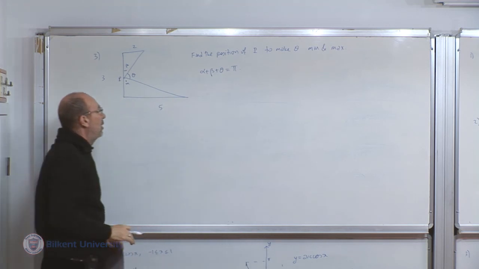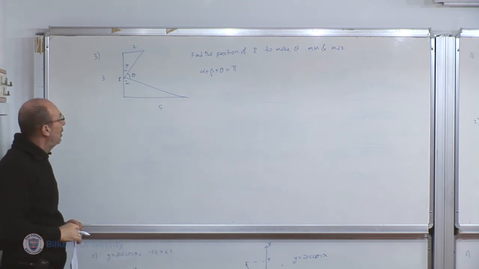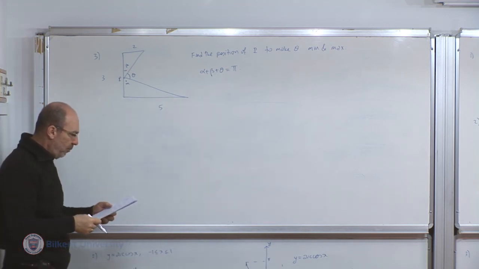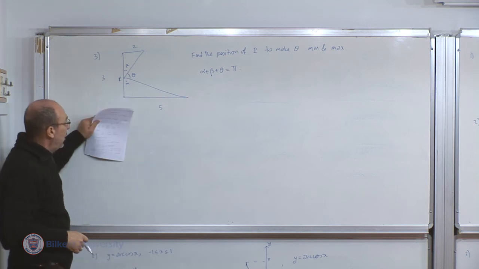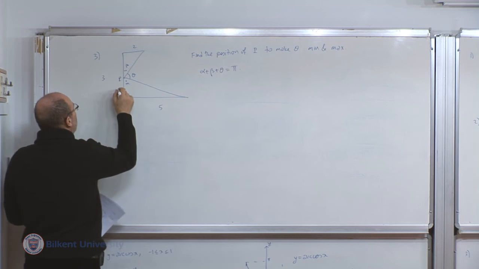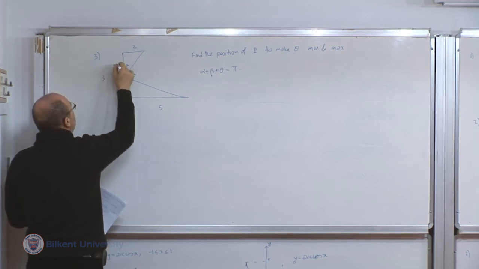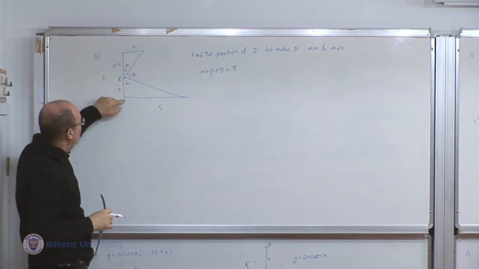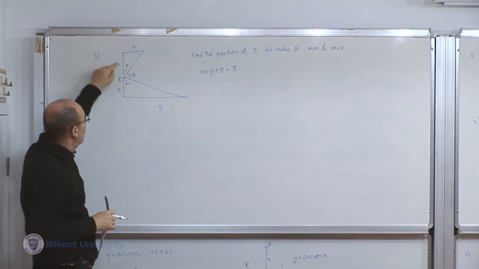Okay, so that's one relation where I put theta. The nice thing is I know what alpha and beta is. So let us call this distance x. One of them is going to be x. The other one is 3 minus x. So alpha is in a right triangle whose sides are known, and similarly beta.